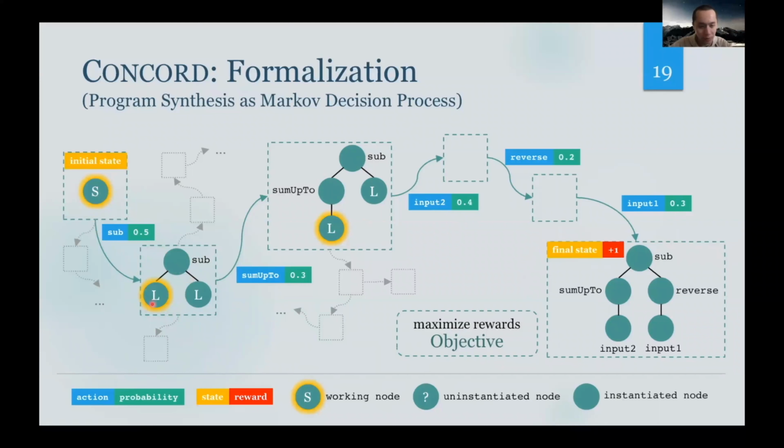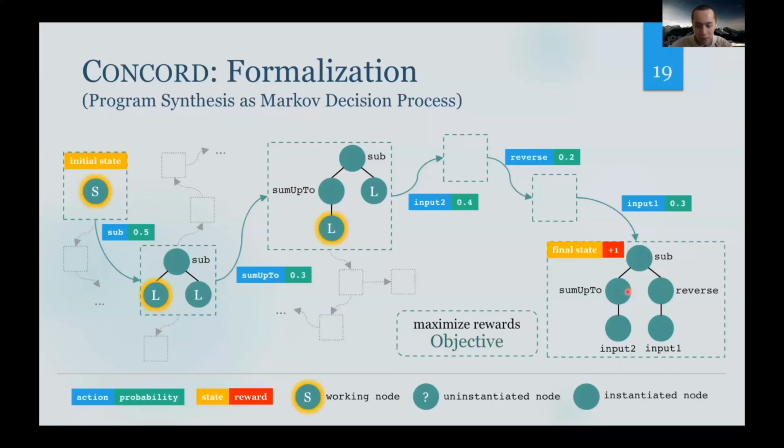For example, here we pick L, and then we pick sum up 2 as a production rule with the probability of 0.3, then we can make this program more complete by expanding this node. By doing this iteratively, we gradually complete a program by making a sequence of decisions in order to reach the final state. We call this the Markov decision process.